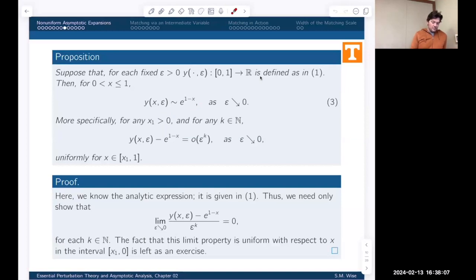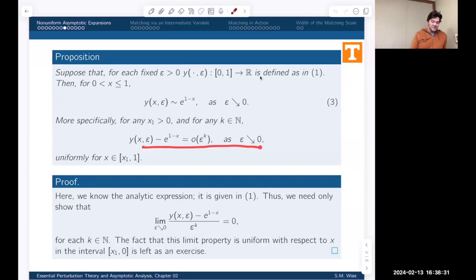We can say that y minus this function, e to the 1 minus x, is order epsilon to the k as epsilon goes to 0. In fact, if we can prove this, then that implies that as well. And of course, if we can prove this, then this difference is a TST function.